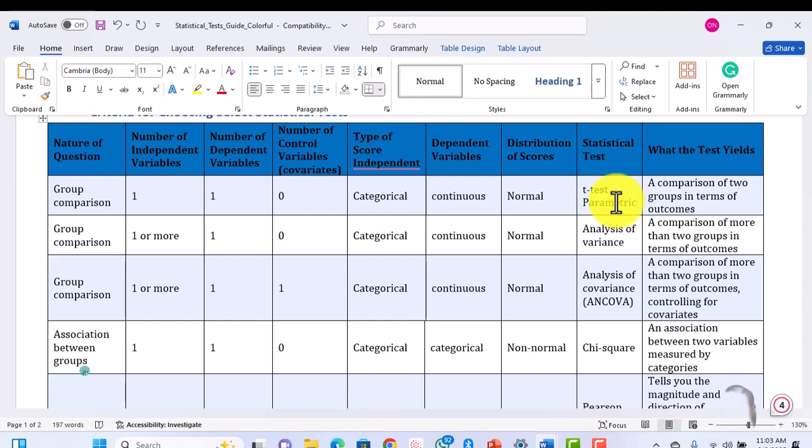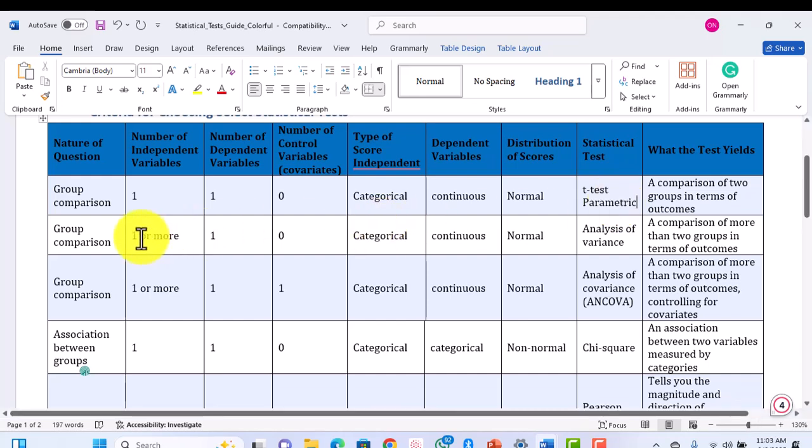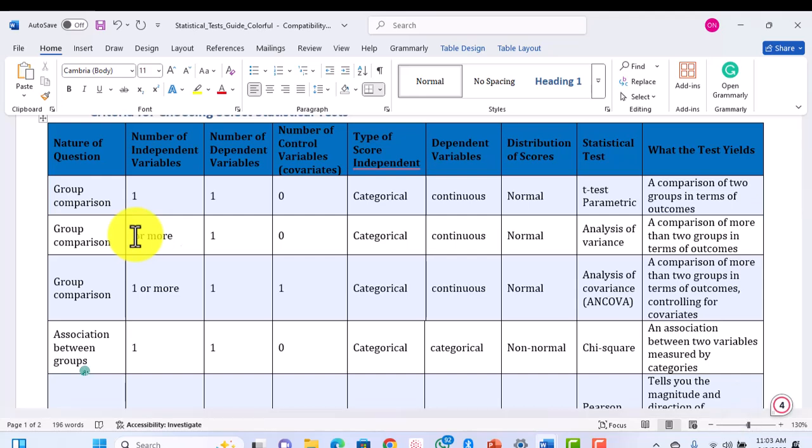So t-test is what you will use, because your independent variable is 1, although there are 2 categories of that independent variable.